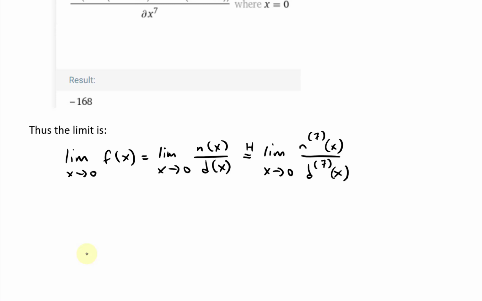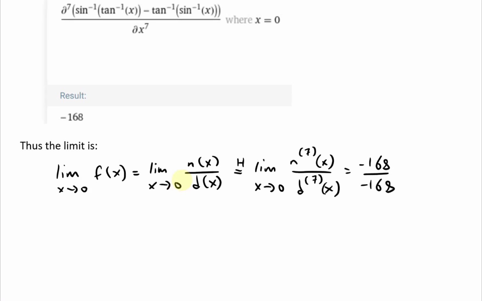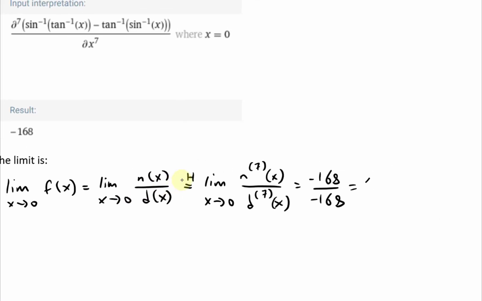Again, that's just f of x, equal to the seventh derivative of the top and bottom. This equals negative 168 over negative 168, and this equals 1. They all cancel. So the limit is equal to 1.